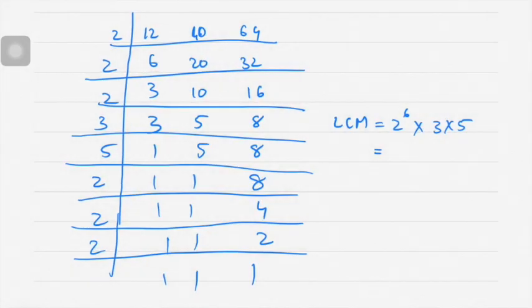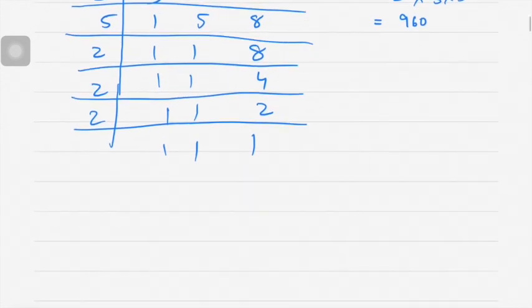So 960. Okay. So write down the smallest number divisible by 12, 40 and 64 is 960.